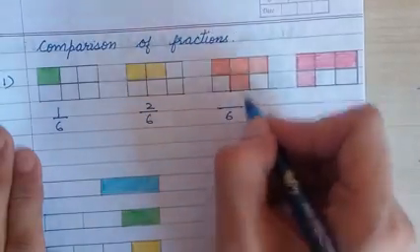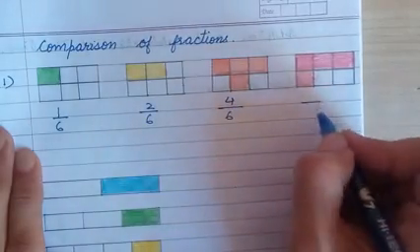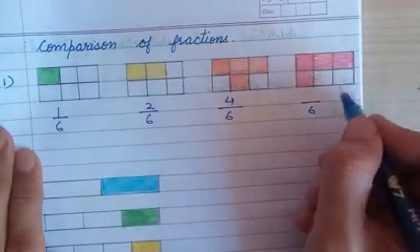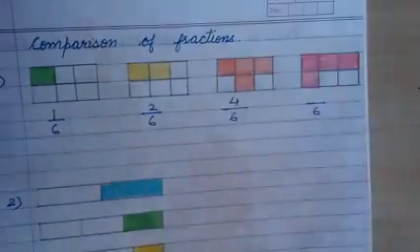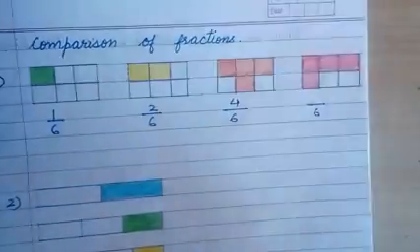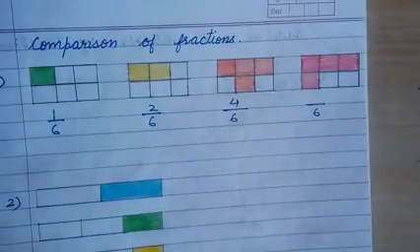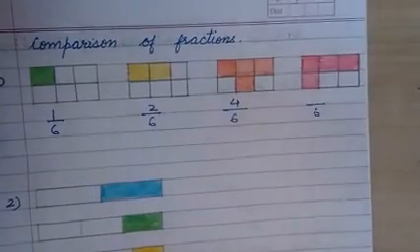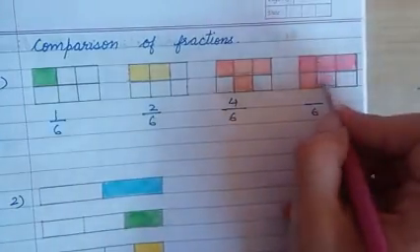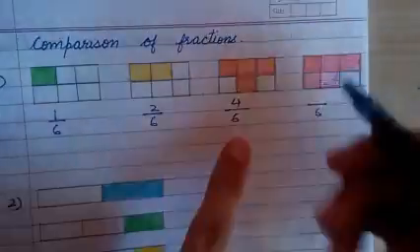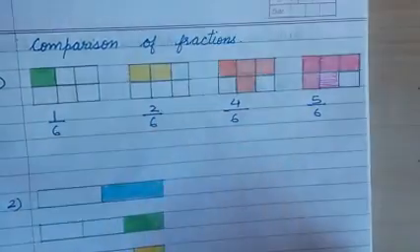Total 6 parts taking 4 shaded parts. Let me take one more. Suppose this is 5 by 6.